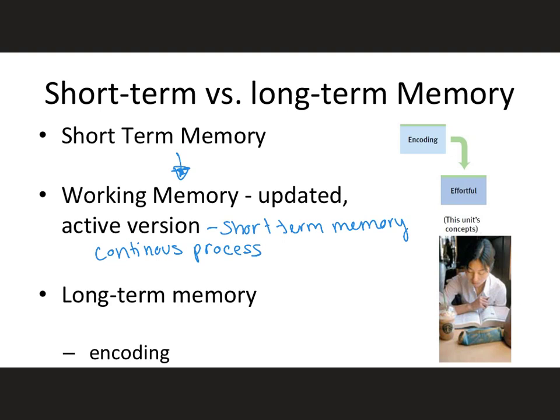Long-term memory is when you store information to be retrieved later, and how we do this is called encoding. Encoding is when you take stimuli and turn it into a form your brain can store.